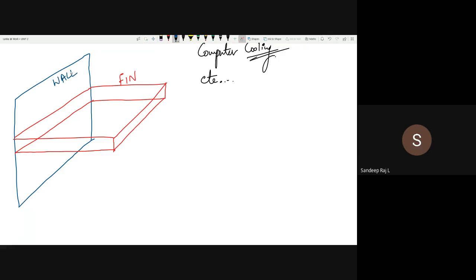Now I have to do the mathematical modeling of this part. How do I do this mathematical modeling? For this purpose, I'll consider a small element here, of small thickness.